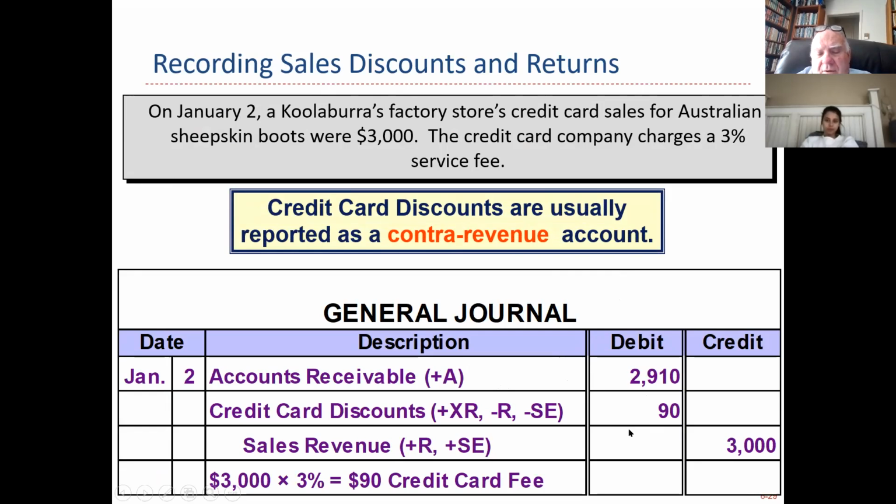We know that by paying the 2910, they no longer owe us $3,000. So the $3,000 is the actual revenue. That's the revenue. You get credit for that sale. And the difference is 3% of $3,000. That seems pretty clear, Kaylee, at this level? Yeah. Okay.